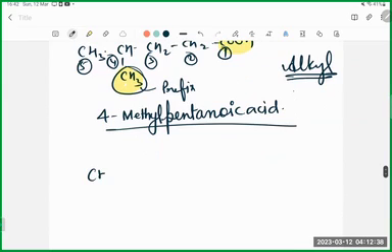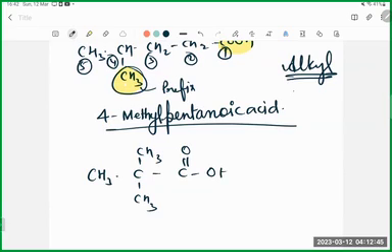Okay. Next one you do by yourself. Don't get confused. Okay. I have just an open chain structure. I have it. Be confident. This is carboxylic acid. Go ahead now, naming, numbering, both the things you do and write the name.